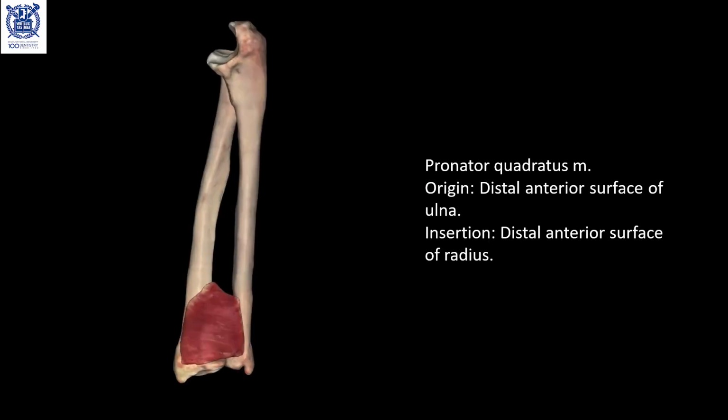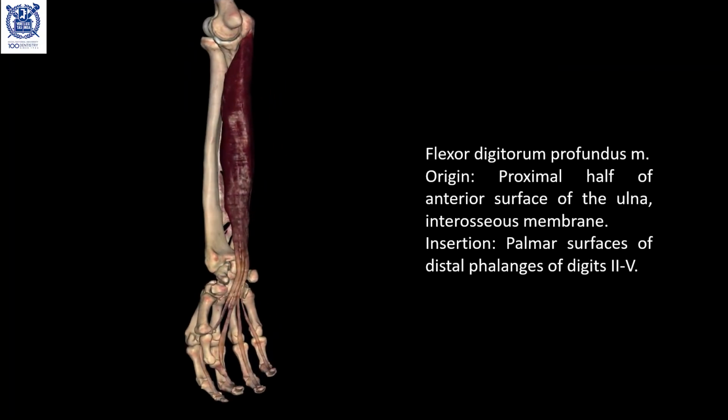Next, we are talking about the deep anterior forearm muscles. Pronator quadratus muscle. Origin, distal anterior surface of the ulna. Insertion, distal anterior surface of the radius. Flexor digitorum profundus muscle. Origin, proximal half of the anterior surface of the ulna and interosseous membrane.